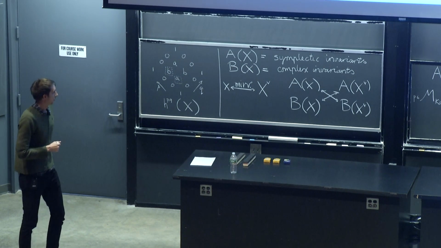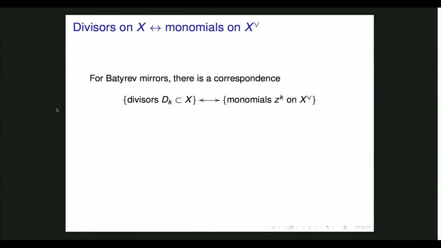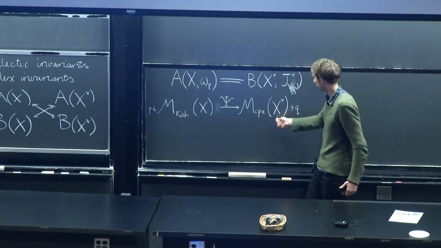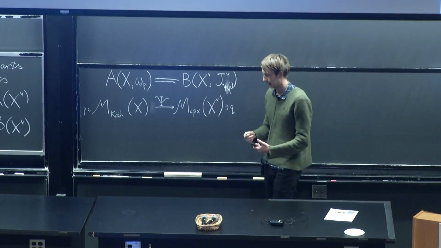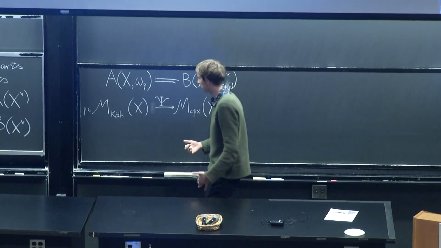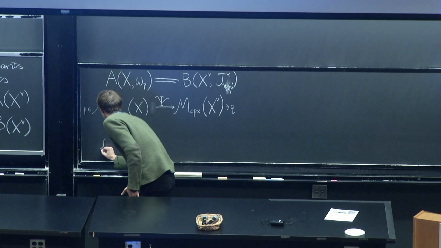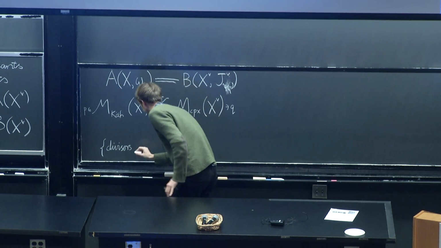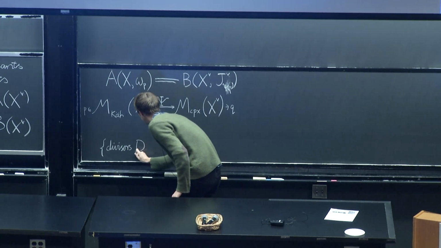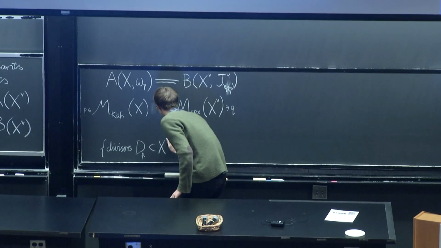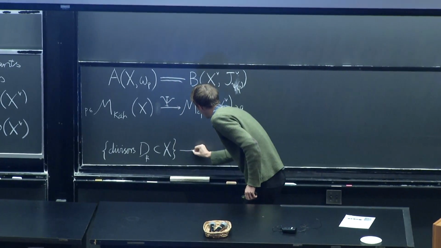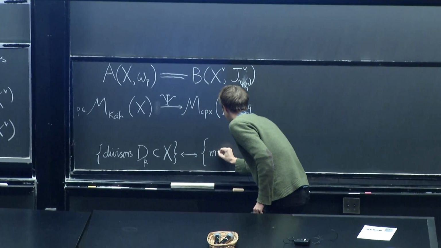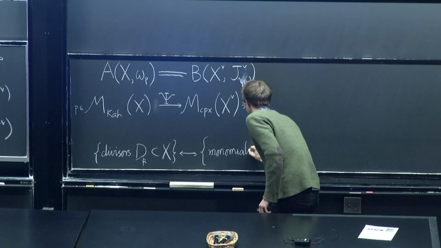And something that I want to mention, which is going to be relevant for the examples that I'll talk about later, is that in many cases, this identification between symplectic forms on X and complex structures on X check is mediated by a correspondence between divisors on X, well, certain divisors, I mean, not all divisors, but some finite set of divisors, and monomials on the other side that go into the defining equation of X check.